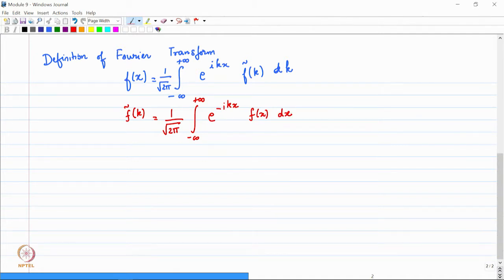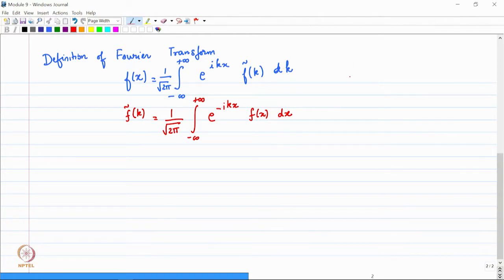Okay. Now, you can see why the factor of 1 by root 2 pi is there. It is there because it makes both the Fourier transform and the inverse Fourier transform look very symmetric. The only difference between the two expressions is that in one case you had e to the plus I k x, in the other case e to the minus I k x, and you integrate in one case over k and in the other case over x.